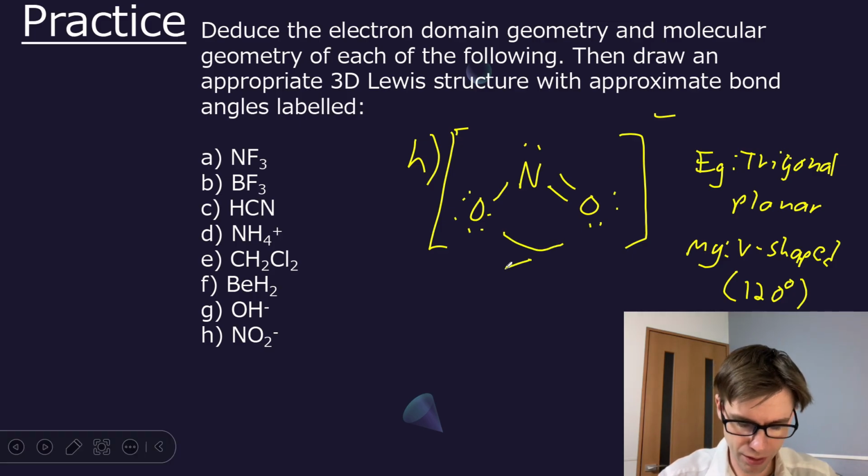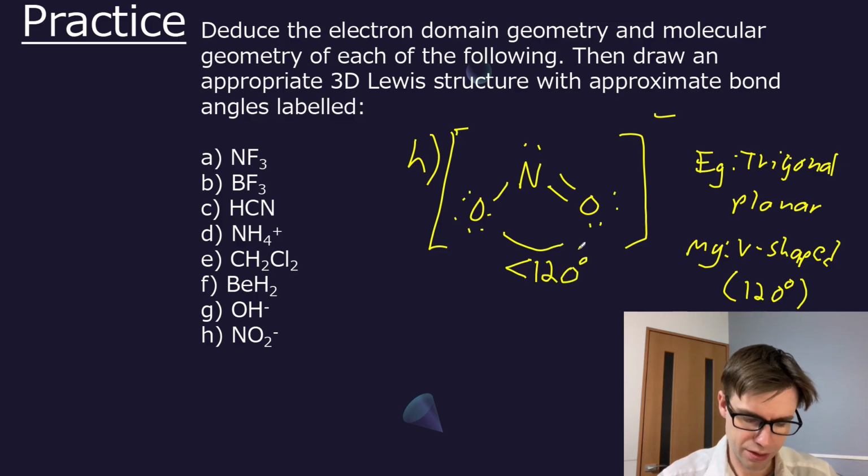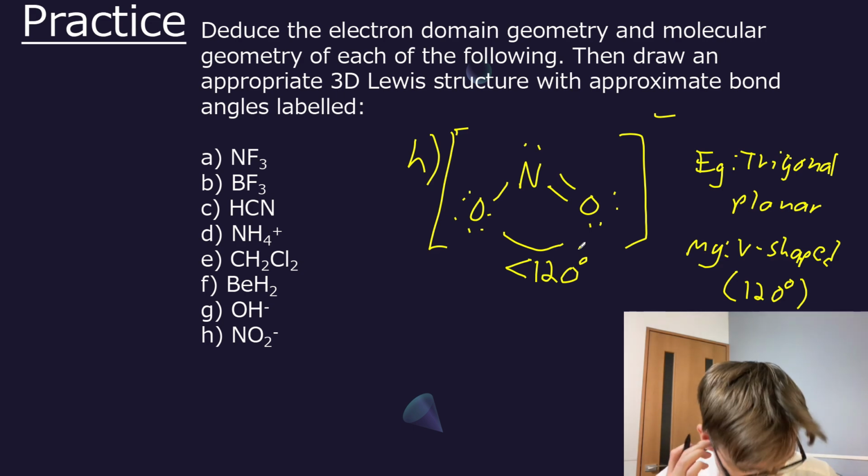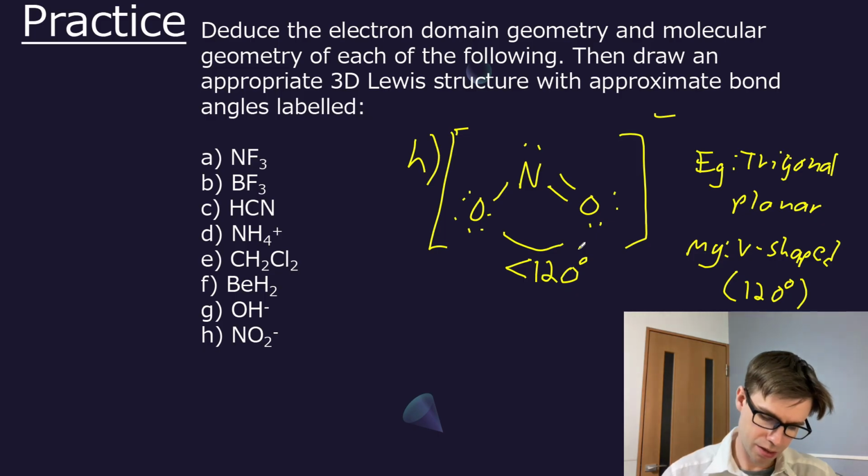So this angle is going to be actually less than 120, maybe 117 or something. And that's the angle that we need to identify. So that should be all these done, A to H.